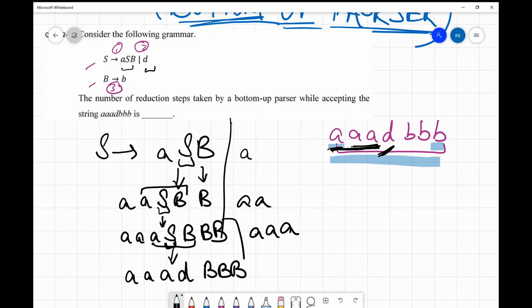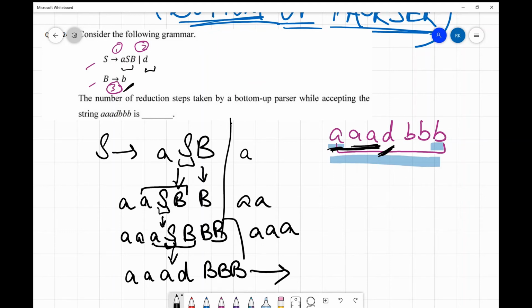Now obviously my string has 3 terminating B's. So I'll change all these capital B's into small b's using the third production, step by step. You cannot change them in one single step, because the production has only a single B, so you'll use this production 3 times.